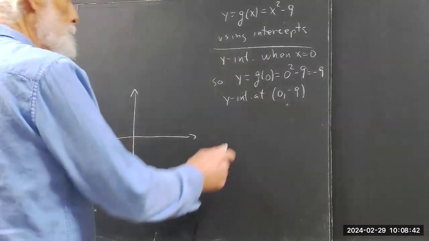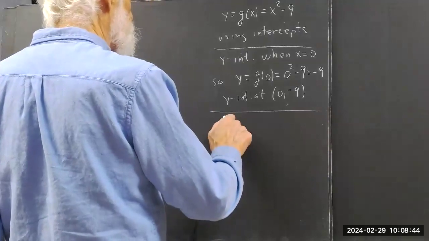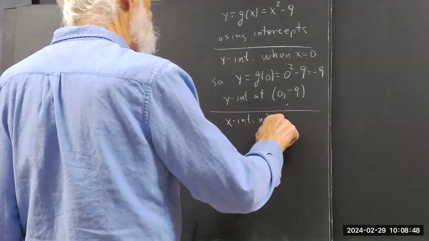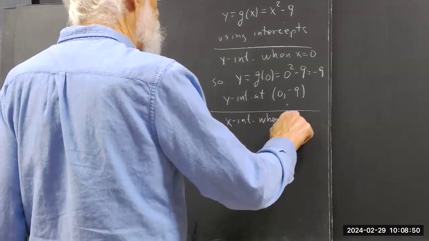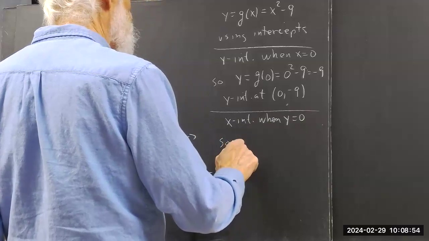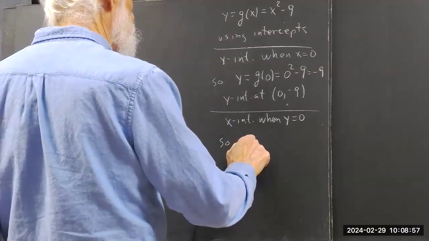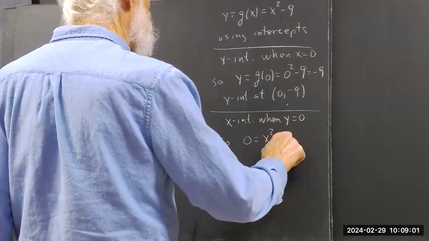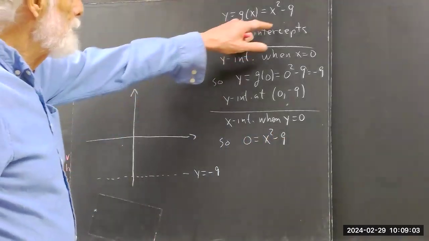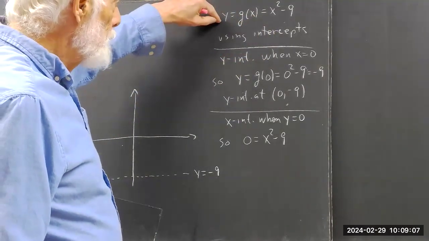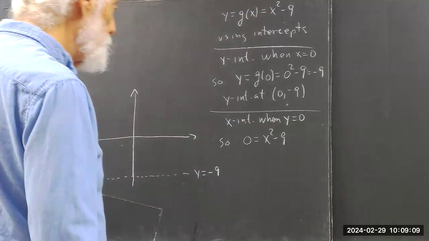Okay, well, anyhow, the x-intercept happens when y equals 0. So we're going to replace y by 0 and find out what x is.